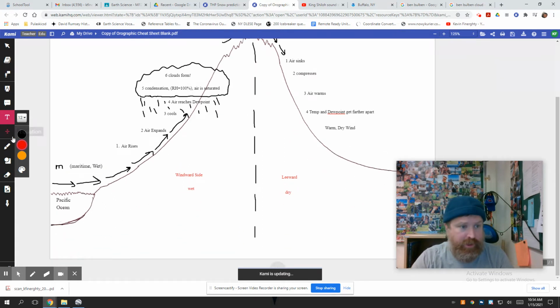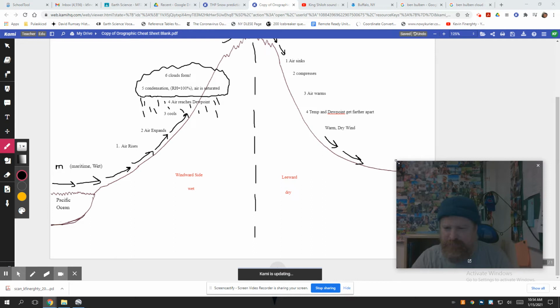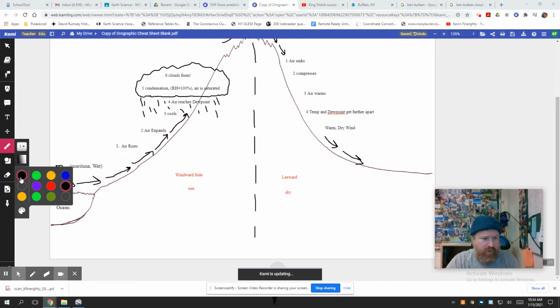What else? So this warm, dry wind, the Native Americans knew about this because they were tracking buffalo, and the buffalo instinctively knew about this. So we're going to draw a buffalo here.